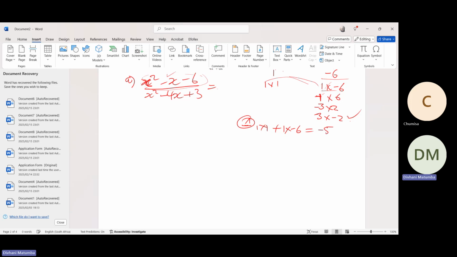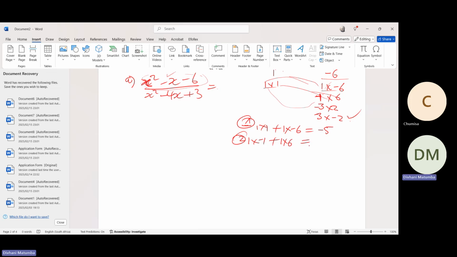Going to be a -5. The second combination, 1 times -1 plus 1 times 6.